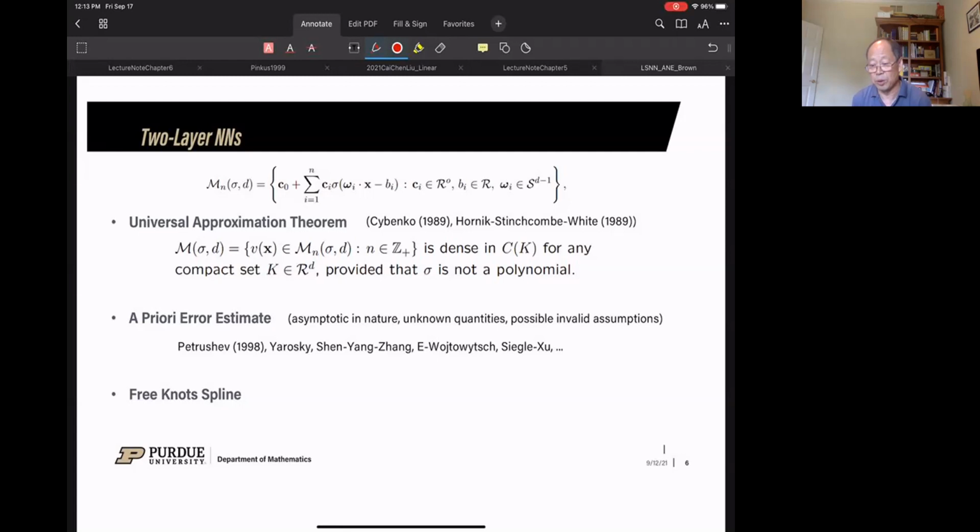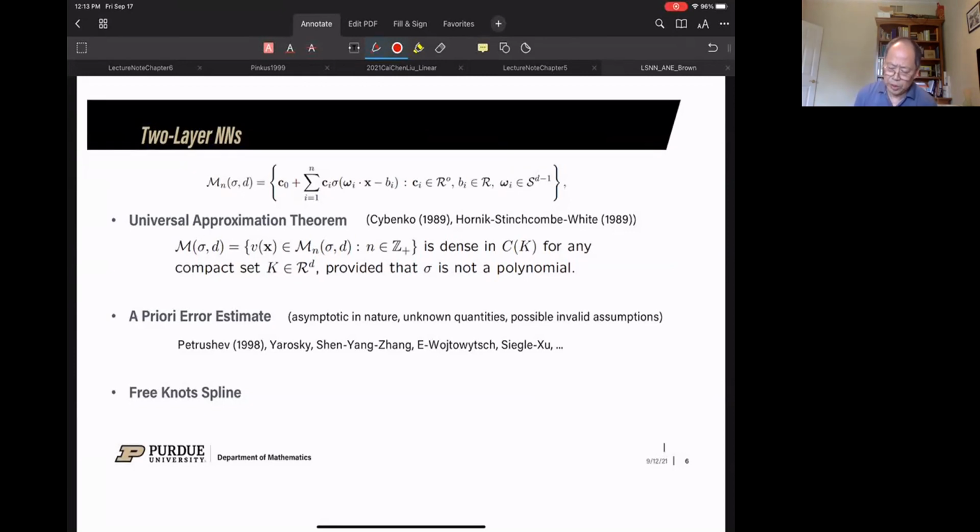For example, the results on the Barron space are very interesting, but for the solution of PDEs you cannot validate that the solution belongs to a Barron space. I think Weinan E and his collaborators wrote a paper on that.